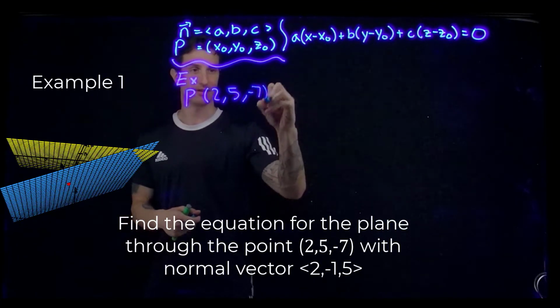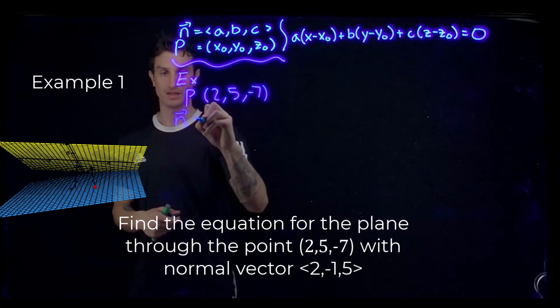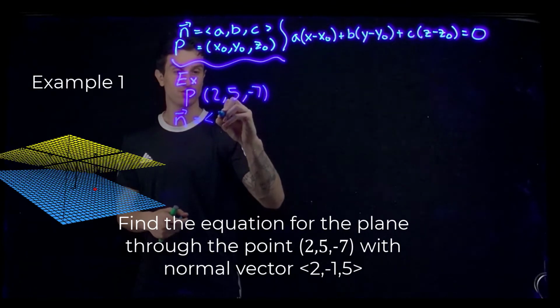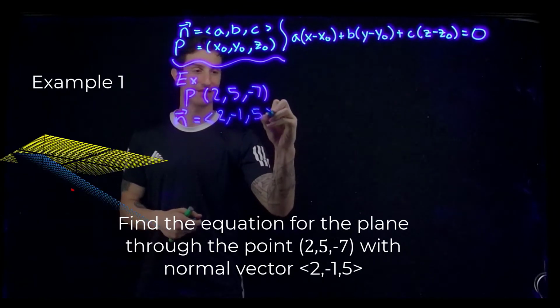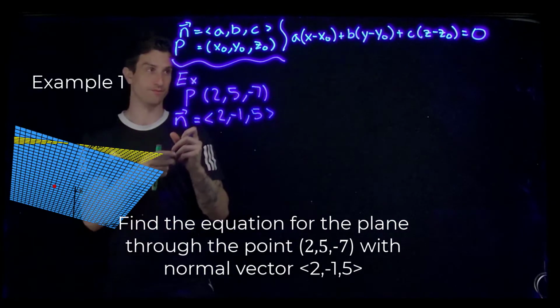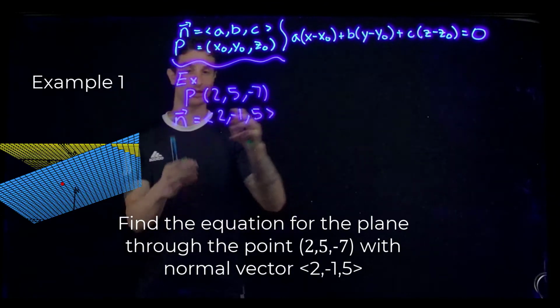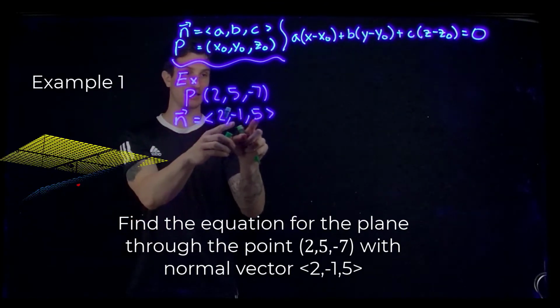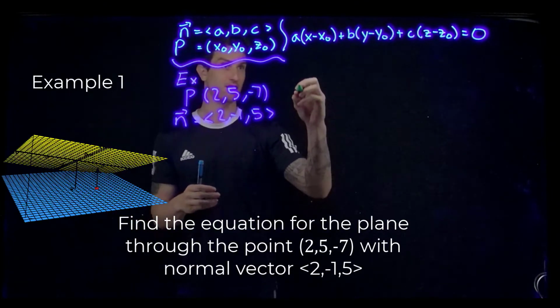And our normal vector, I'm just going to give it to us, will be equal to the vector 2, -1, 5. So if this is given to us, we can immediately jump to our equation. There's no reason to put extra steps in between, where our A, B, and C are right here.